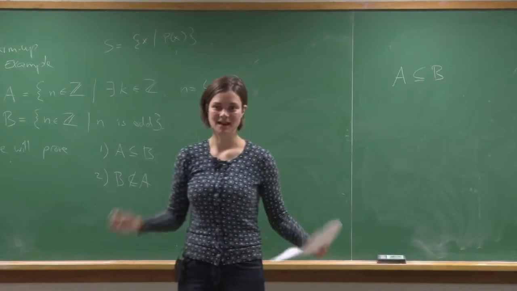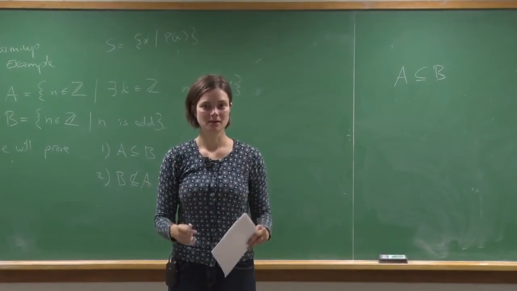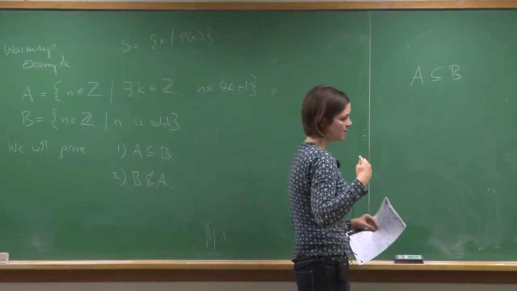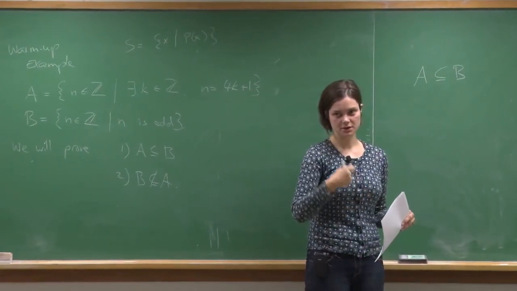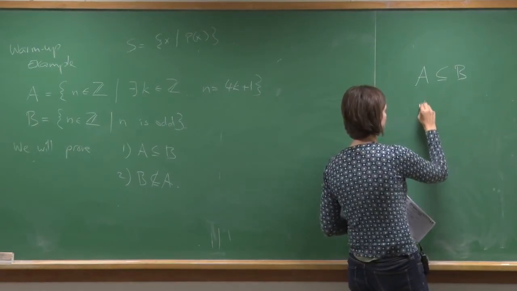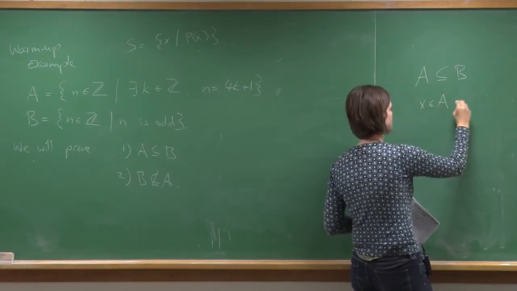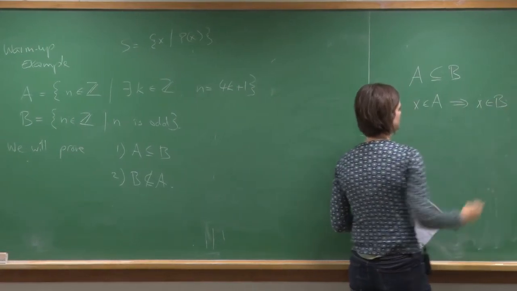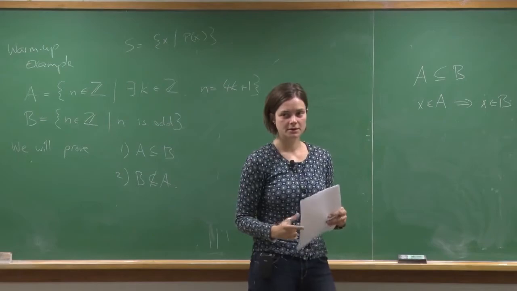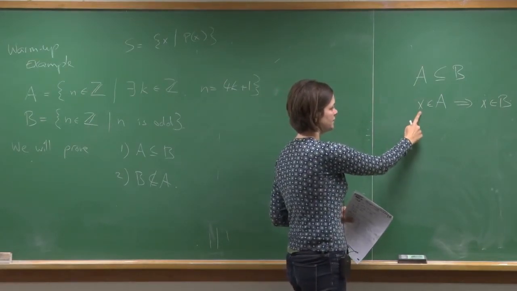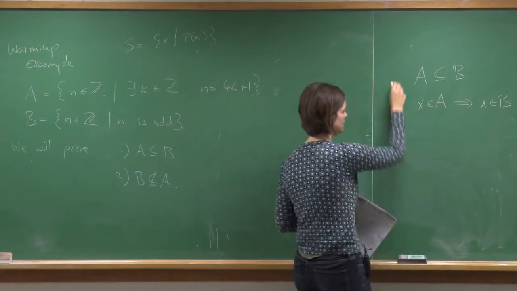It means that A is entirely inside of B, right? So if we want to prove that, then what we really want to prove is that every element of A is also in B. So in other words, we want to prove that if some element x is in A, then that implies that x is also in B. Right? So if we want to prove that this is true, then this is what we need to prove. We need to prove that if some element is in A, it must also be in B.